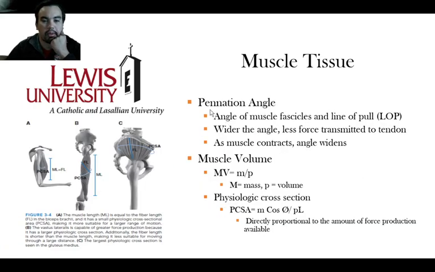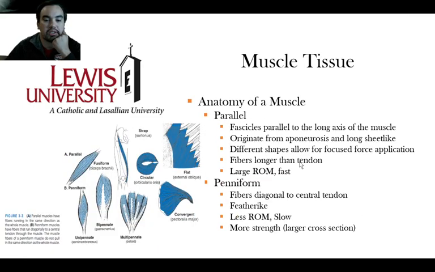Now when we're looking at pennate muscles, you have these pennation angles, okay? The angle between the muscle fascicles and the line of pull is what you really want to look at. The wider the angle, the less force transmitted to the tendon. And as the muscle contracts, the angle widens. So if we look back here, if we think of this muscle contracting, this whole muscle tissue right here, in this bipennate gastroc, is going to shorten, so it's going to get smaller.